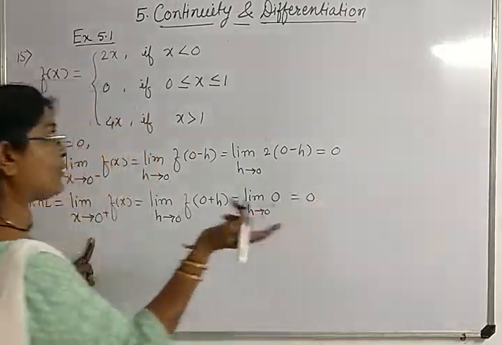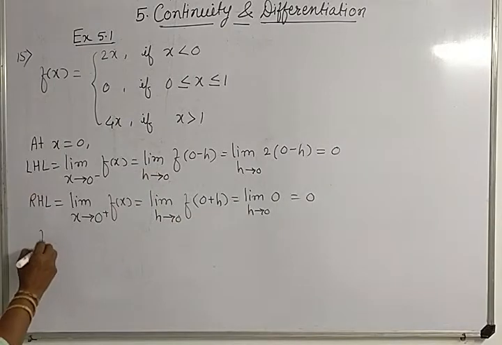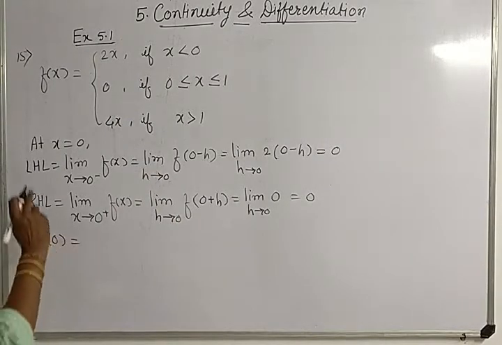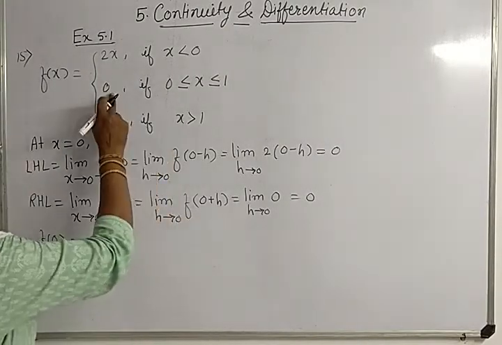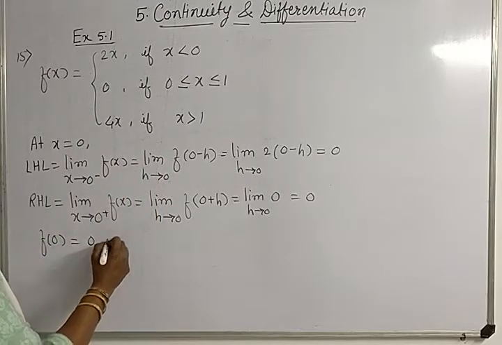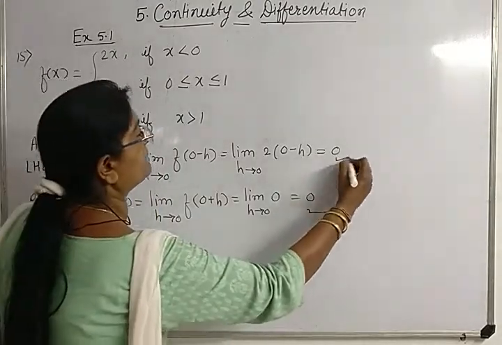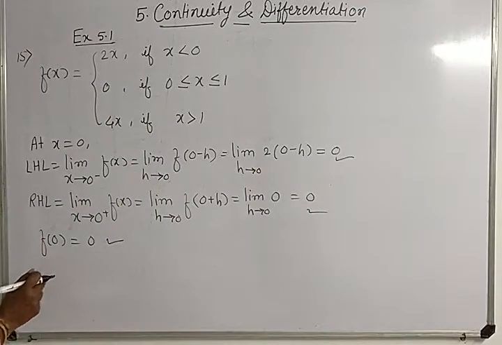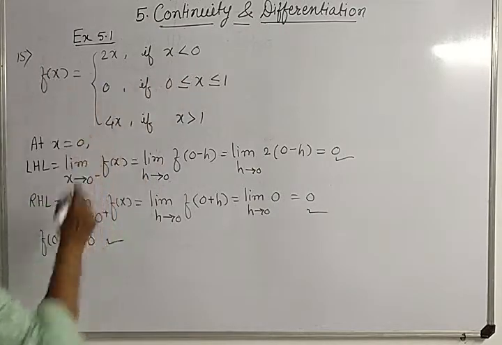Both are equal. Now we will find the value of f of 0. F of 0 equal to, for equal to 0 the function is 0 only, so all the three values are equal and therefore the function is continuous at x equal to 0.